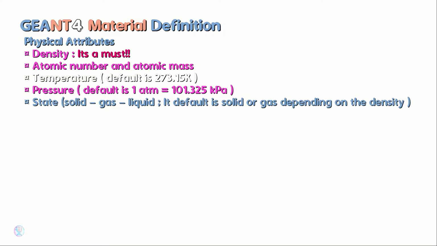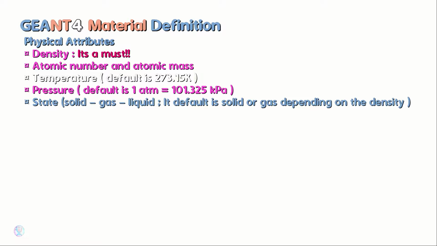And then in the material definition, there are also physical attributes. You should define the density, atomic number, and the atomic mass. You can make it easy for the temperature, pressure, and state. You don't need to state what temperature you need or anything like that. Just leave it, and Geant4 will describe it by default.